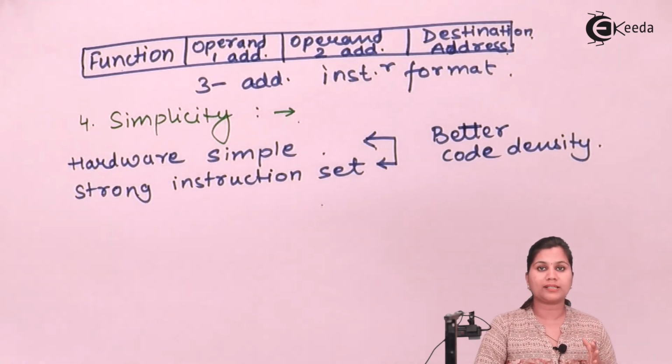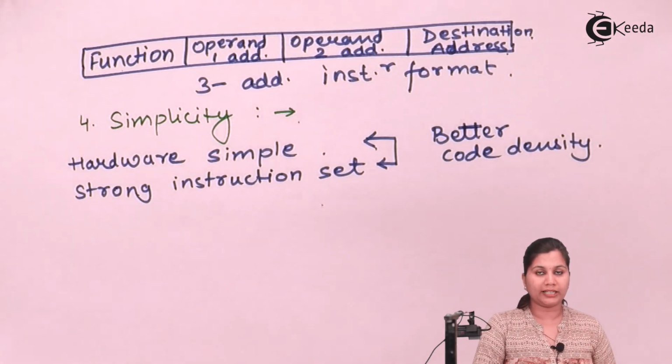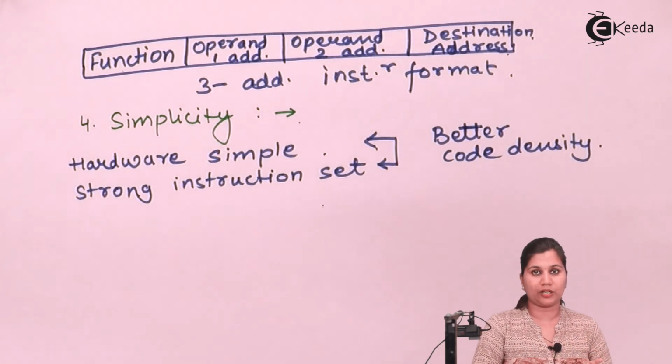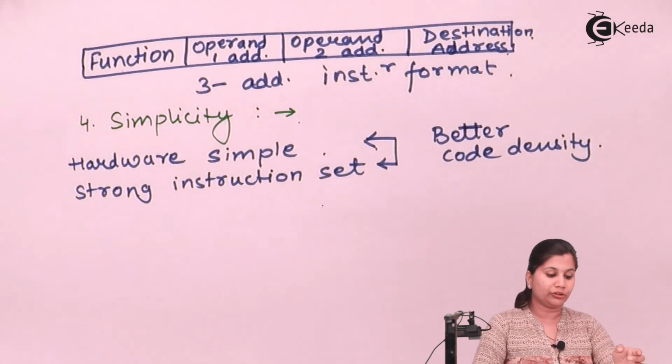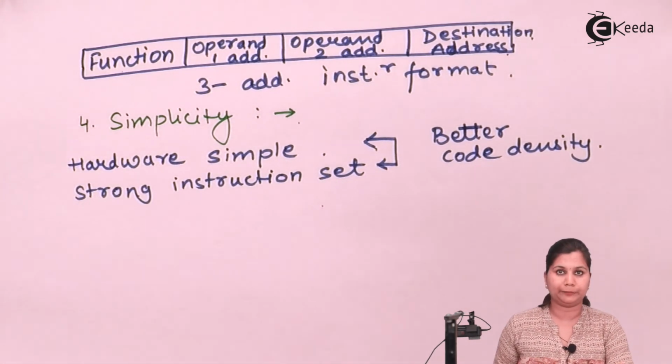After that we saw some of the features which are common in the RISC and the ARM processors: first the load and store architecture, then the fixed length 32-bit instructions, then the 3 address instruction format, and in the last, simplicity.